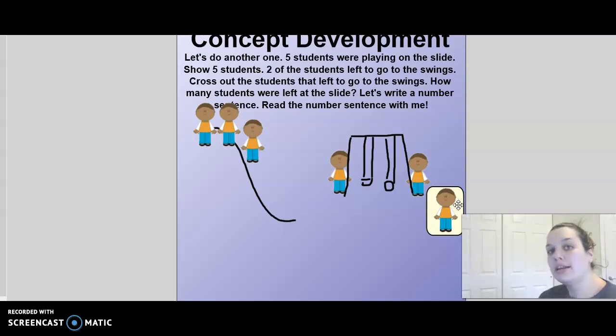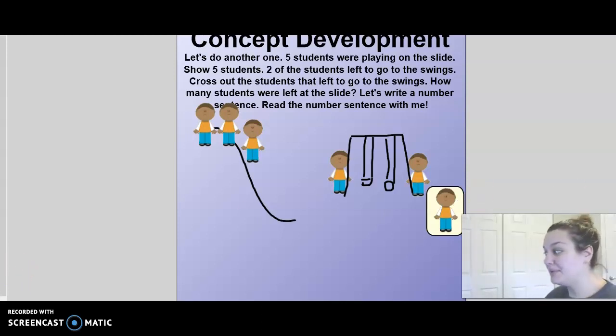I want you to pause me after I read the number story again, and I want you to write a subtraction number sentence that shows how many students were left on the slide. So 5 students were playing on the slide. 2 of them left to go to the swings. How many students were left at the slide? Pause me and go ahead.